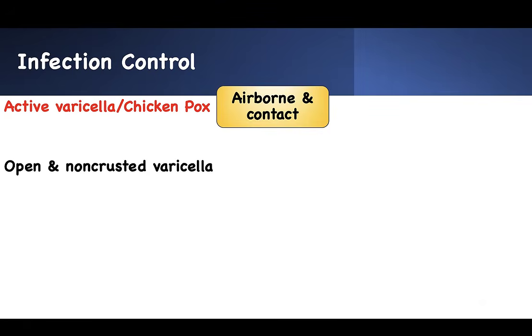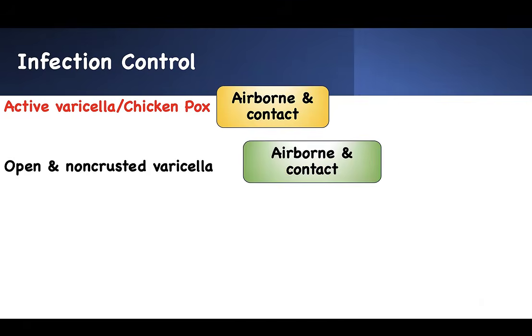Therefore, you consider it as varicella or chickenpox in the active stage, carrying the virus, and therefore airborne and contact. Write it down. Watch this video multiple times to master this. This is what they keep asking multiple times to confuse people. I'm intentionally making this video to help you master this infection control.